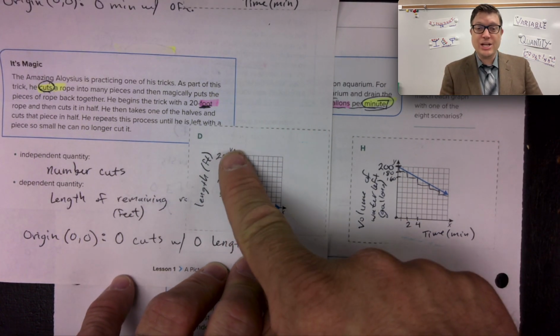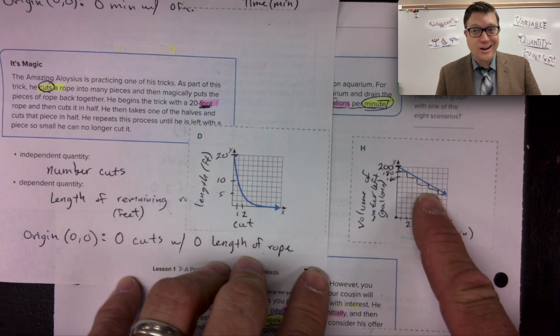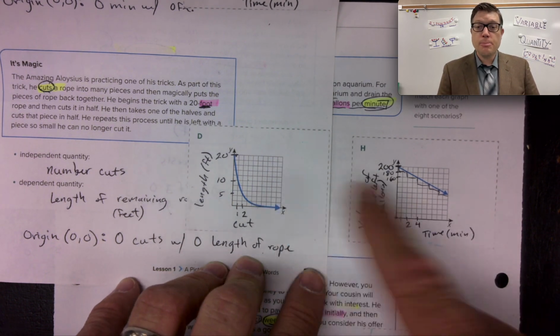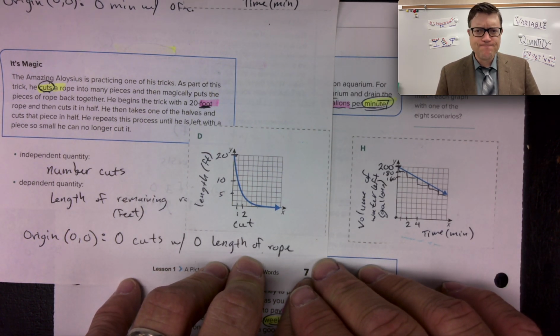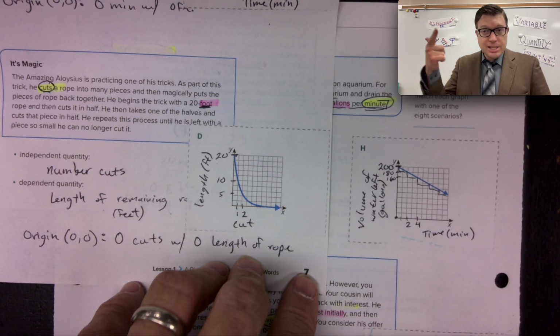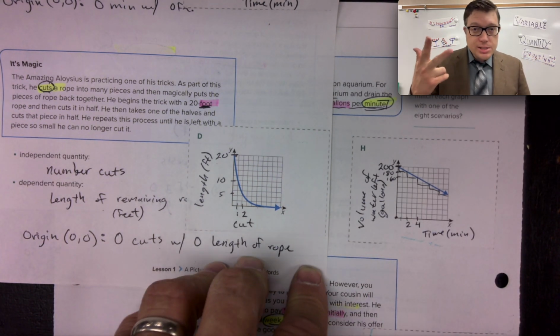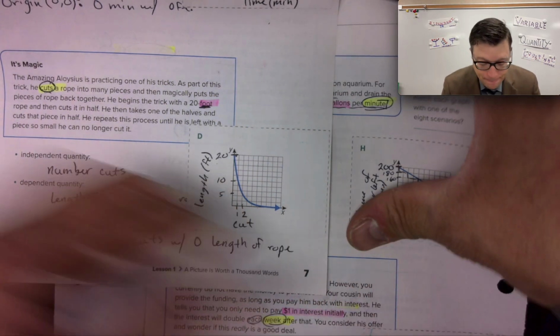This curve has a non-constant rate of change while this curve has a constant rate of change. Both graphs are decreasing. Constant, continuous, non-constant, smooth curve, decreasing. That's all the characteristics. So I'm going to write it up.